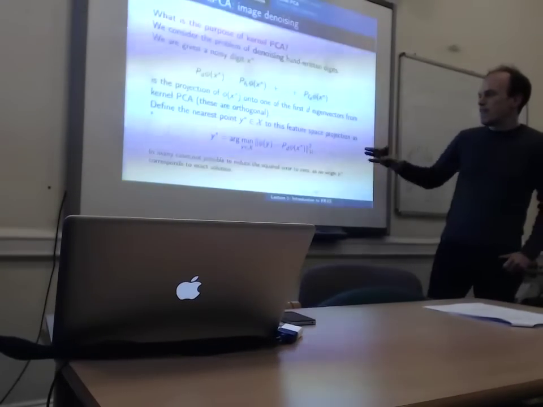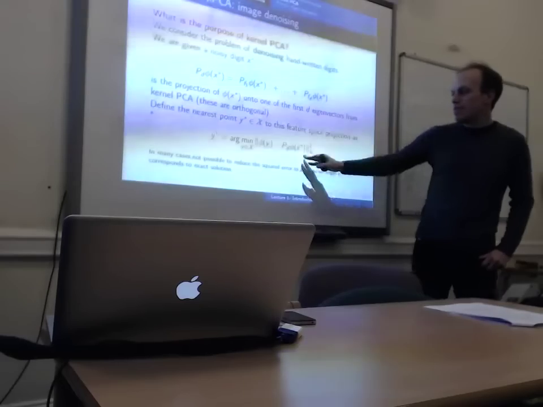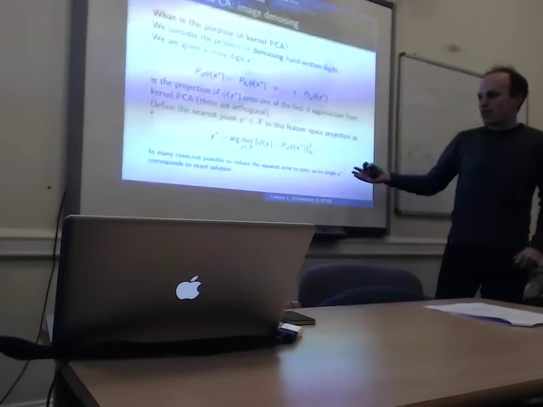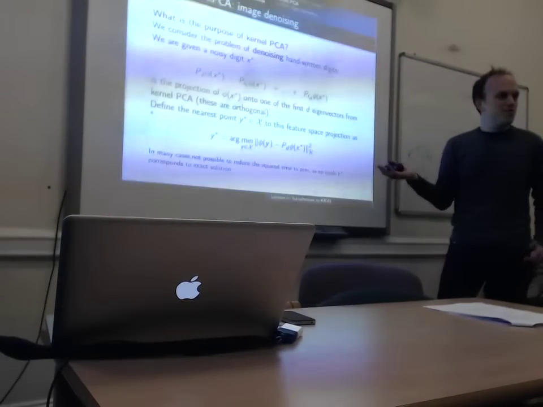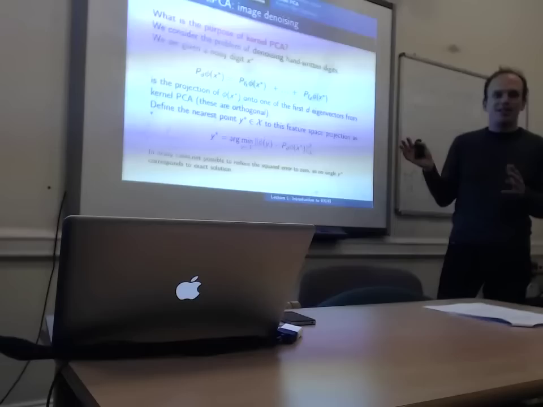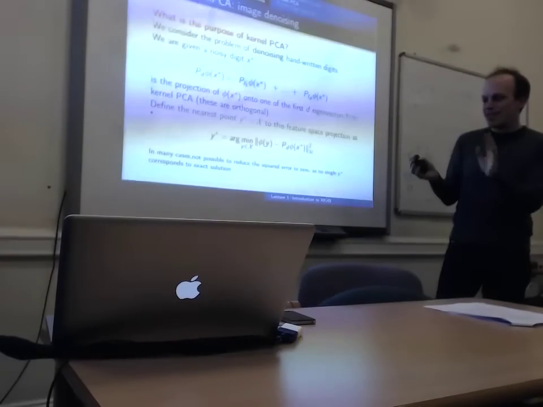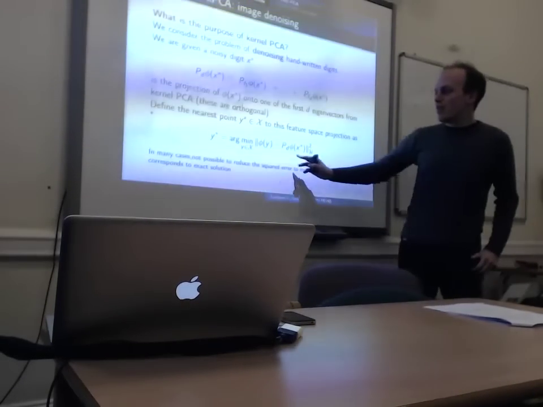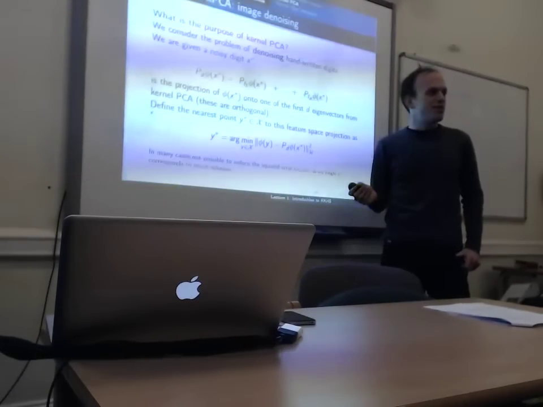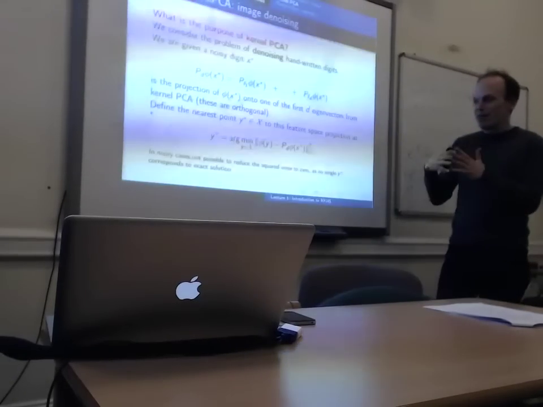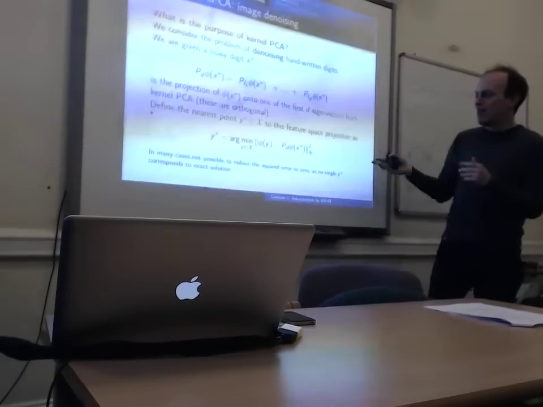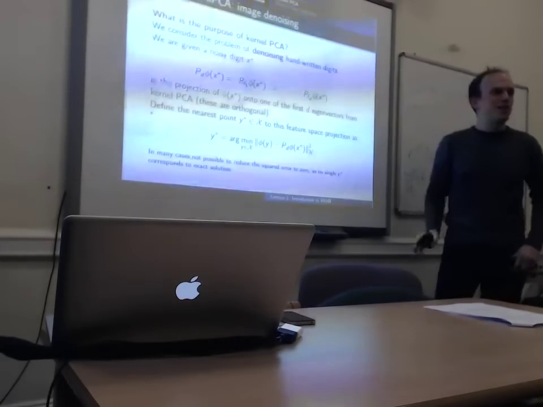So I can project that point into feature space, but then of course I've got some feature space representation of my handwritten digit, which is hard to deal with. So I need to find the closest actual image in my input space to this feature space projection, okay?